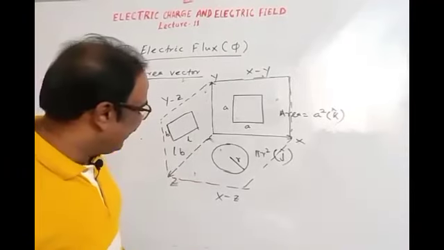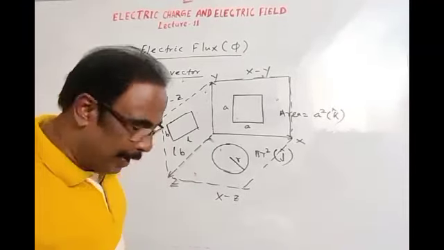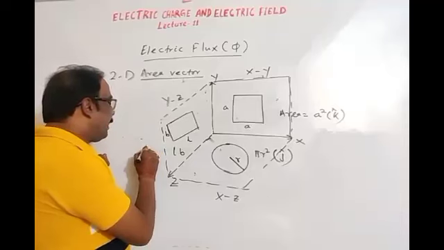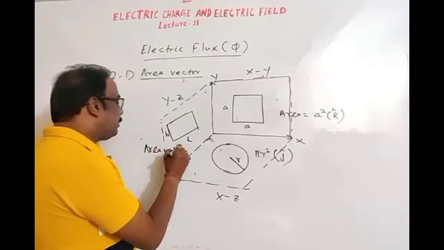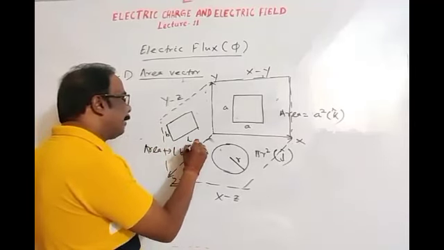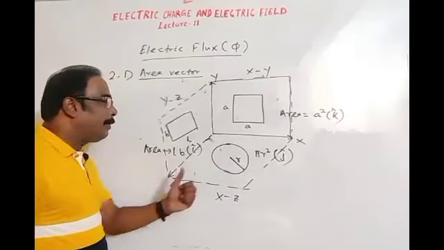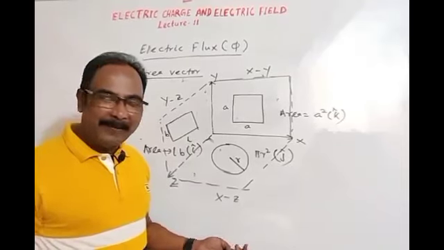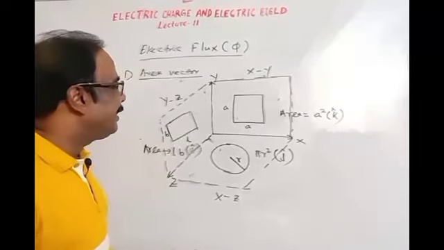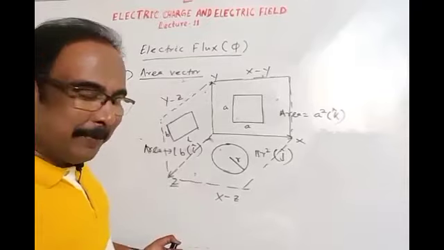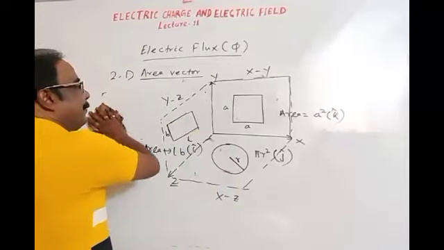So accordingly, the magnitude of area is LB and the direction is LB i cap. Or if you are taking along the negative x-axis, the inward direction, then you may take minus i cap. These are some fundamental discussions about the area vector.